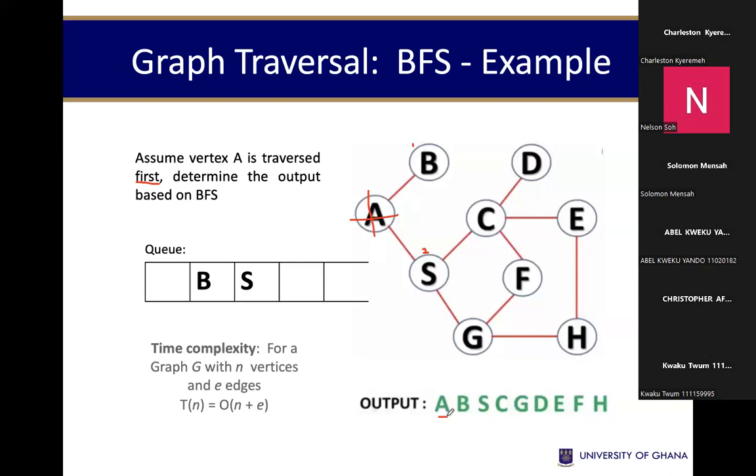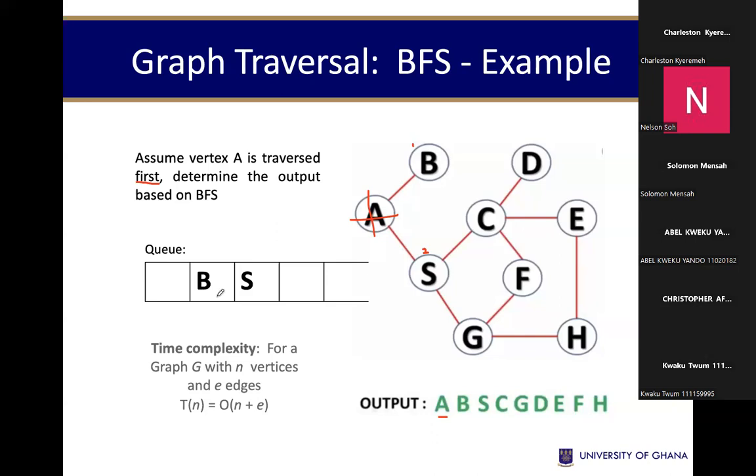Now, once we do that, we need to come to the front of the queue. For queuing, there's something referred to as NQ and DQ. NQ has to be given an element to be inserted at the back or the rear of the queue. DQ doesn't need to be told which element to remove.